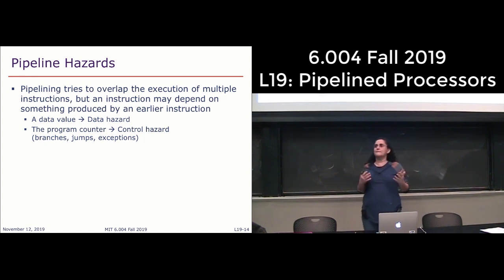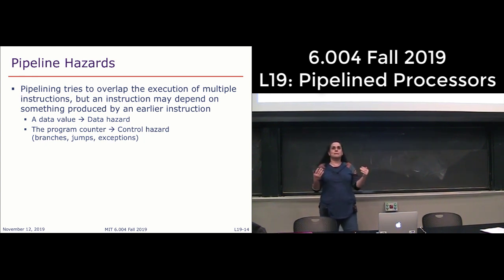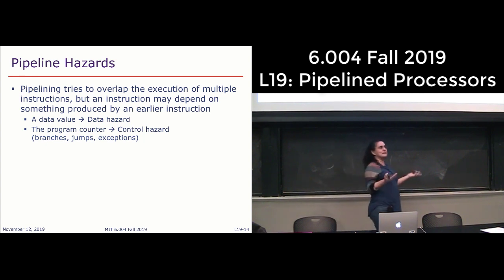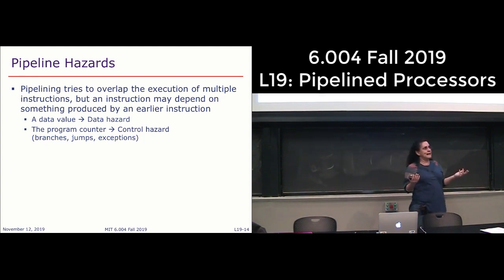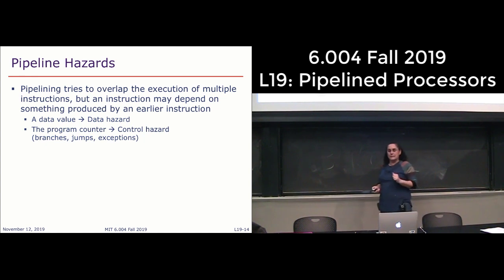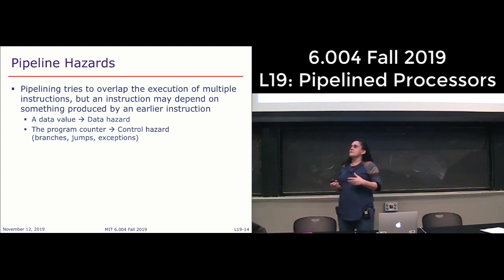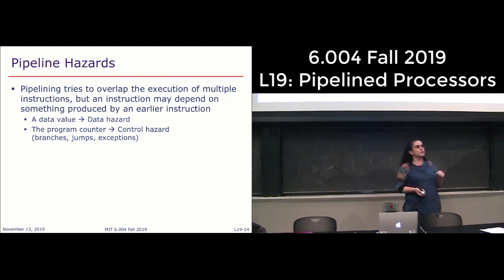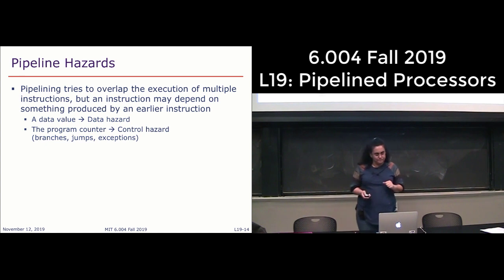And so we have two types of hazards that we want to deal with. The first is if the dependency is based on a data value. If it's based on a data value, we call those data hazards, and that's what we're going to be dealing with today. If, however, the dependency has to do with a program counter, then that's what we call control hazards, and that's what we're going to cover in Thursday's lecture.